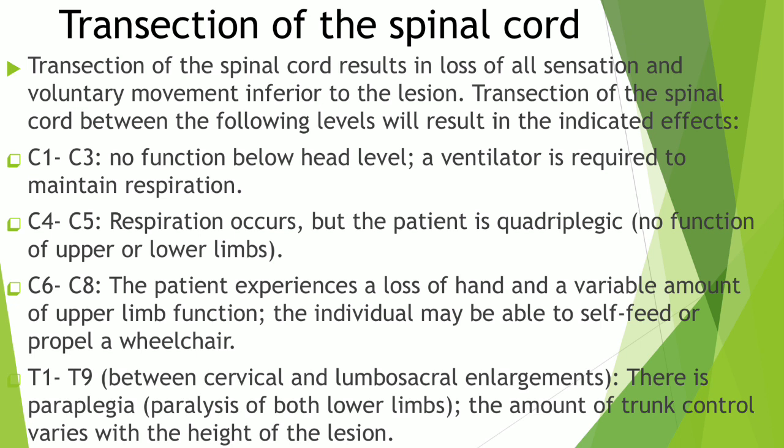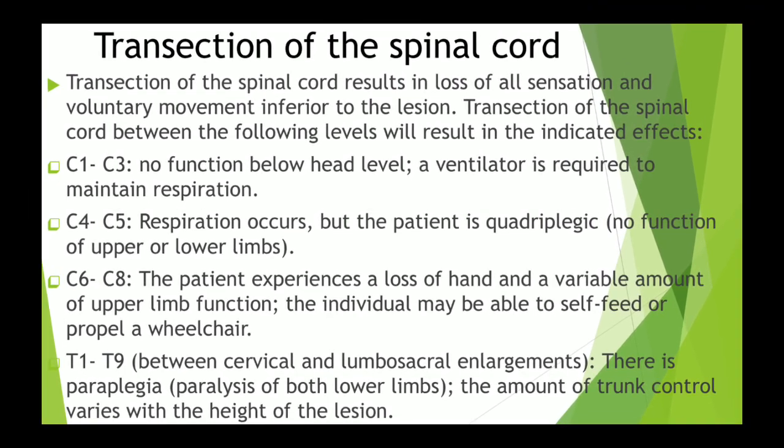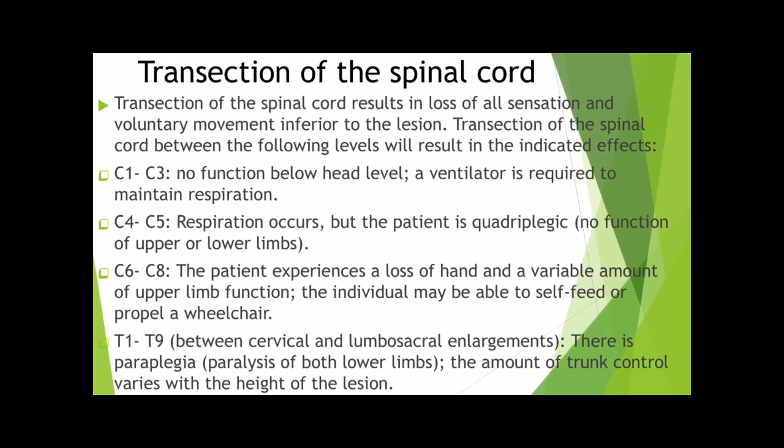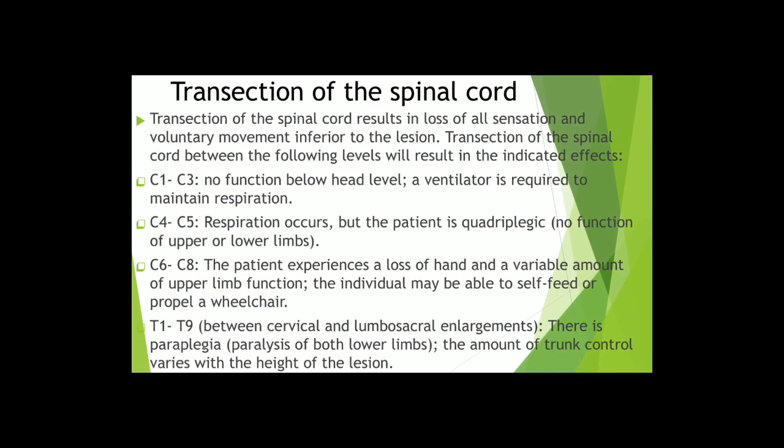If the lesion is at a lower level, as low as the T9 level, the individual might have a good amount of trunk control. But if the lesion occurs at a higher level, T1 to T2 level for example, the individual might not have much trunk control, in addition to suffering from paraplegia. With spinal cord injury at T1 to T9 level, the individual must have what? Paraplegia, that's paralysis of both lower limbs.